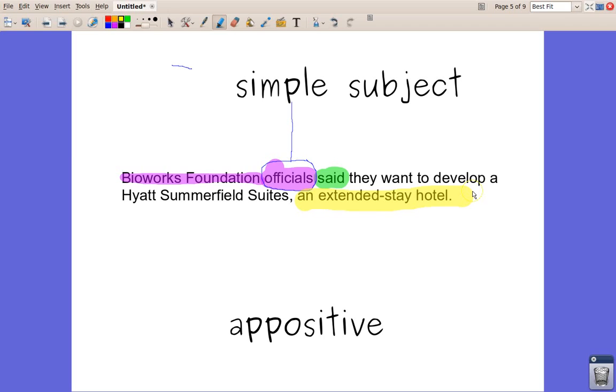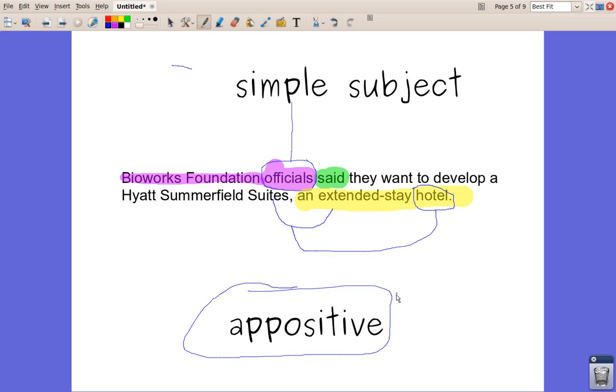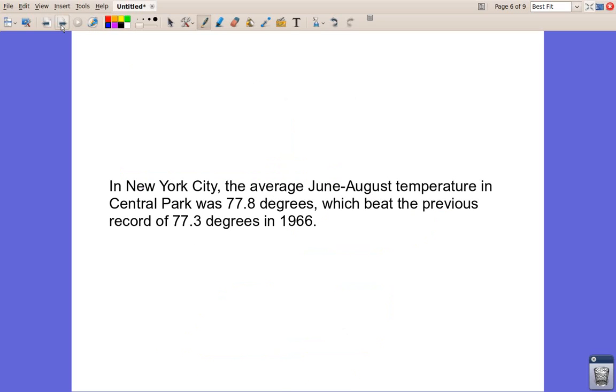But that little part functions to give extra information about the word suites. And the root of this part is hotel, which is a noun. So we have a noun describing a noun, which is an appositive phrase. Just a little touch on that now. Don't worry too much about it.